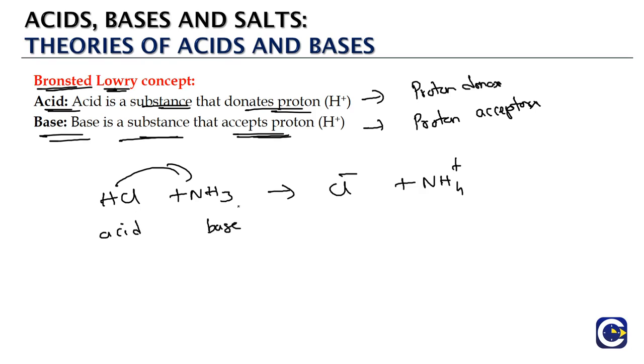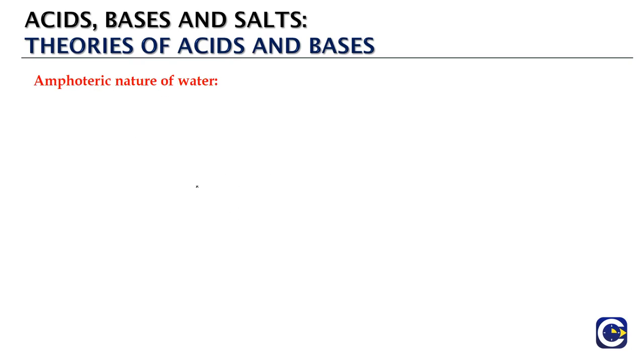So the Bronsted theory is now able to explain the acidic and basic nature of substances even without dissolving in water. As per this theory, there is no mention of hydroxyl ions. An acid is a substance which can donate a proton, a base is a substance which can accept a proton. So this is what we call the Bronsted and Lowry theory. It is able to include compounds like ammonia in the category of bases because they can accept protons.